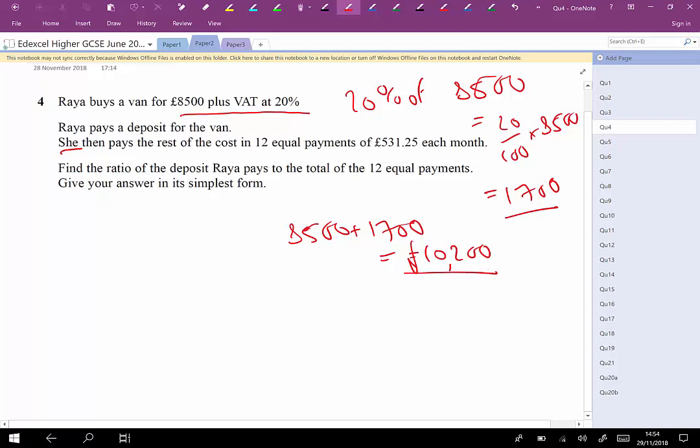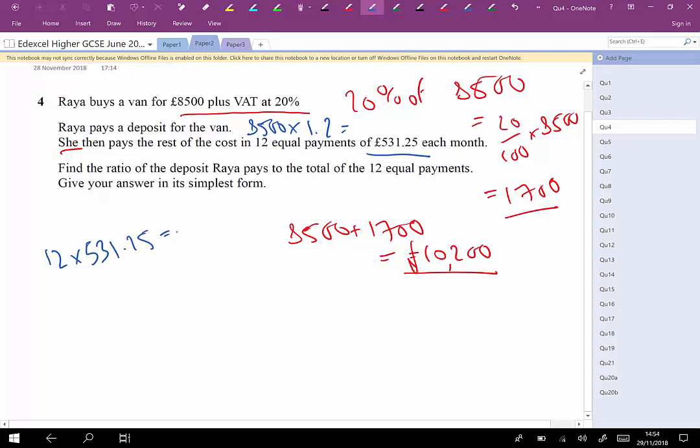Okay, there is a quick way of getting to that. If you want to add on 20%, you can just take your 8,500 and times by 1.2. That gets you to the 10,200. She then pays the rest of the cost in 12 equal payments of that much. Oh, okay, so there's something else we can do already. I wonder how much that lot came to. £531.25.